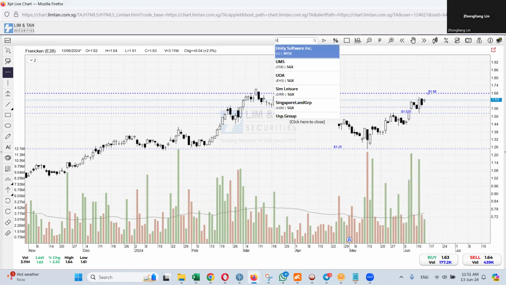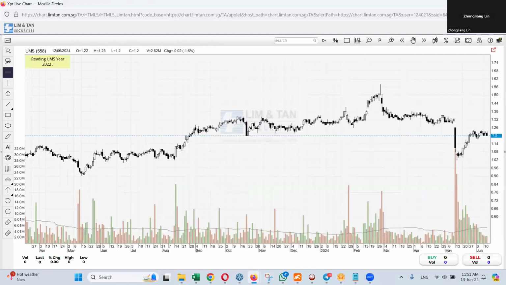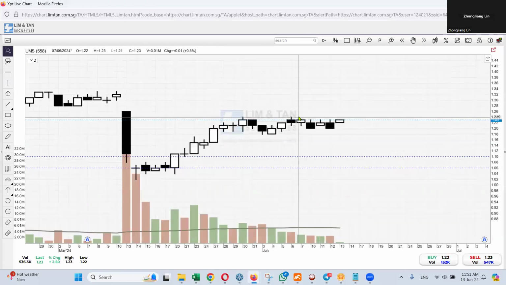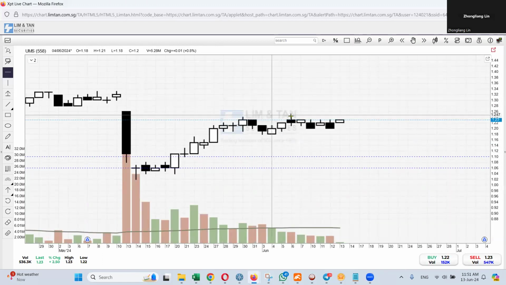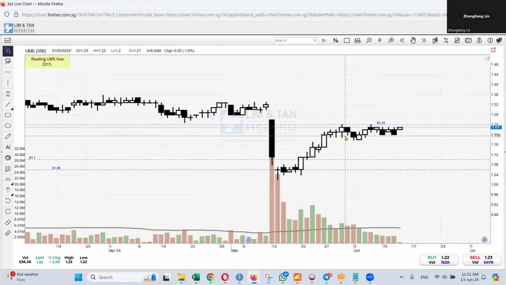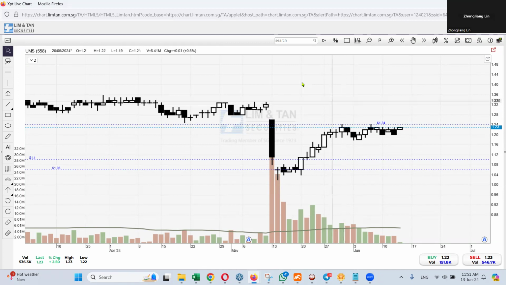UMS is a bit lagging because it's traditionally slow. As you can see, it touched 124 and did not break up from 124, but it's not doing too badly now. Let's see whether it can break up 124. If it can, it will be quite a bullish sign, I must say. And I can probably expect it to come back to 133, but in a longer time frame.